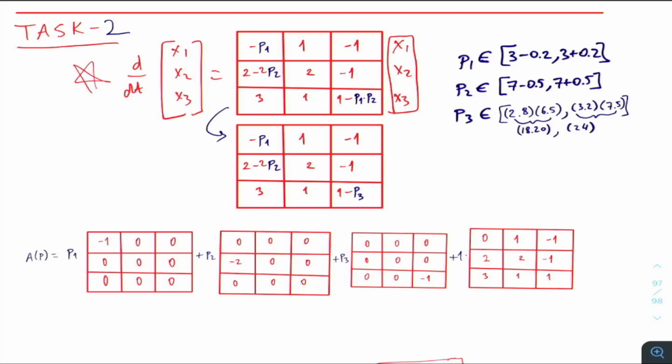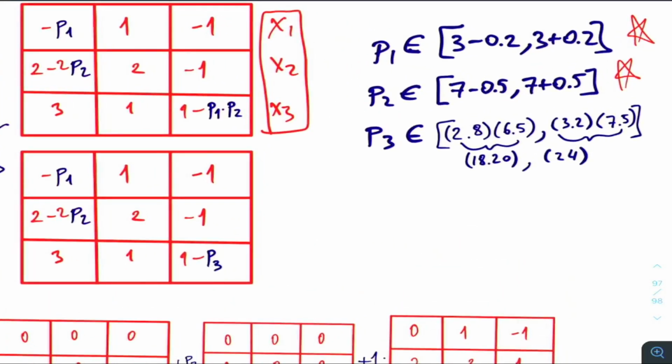So we reparameterize it, or rename it, and I just rename that calling it P3. Okay, so these are the values that are given to us. For example, here in this case the nominal value is 3 and the deviation is 0.2.